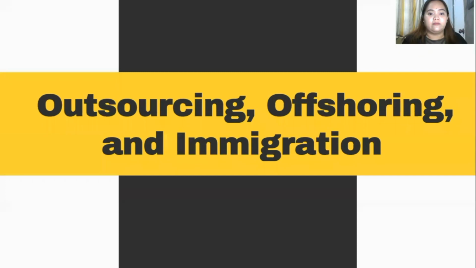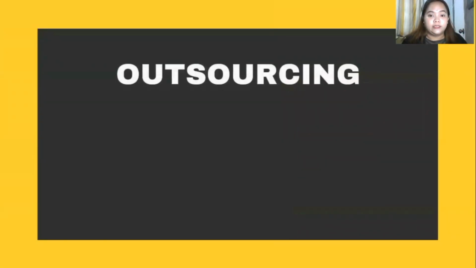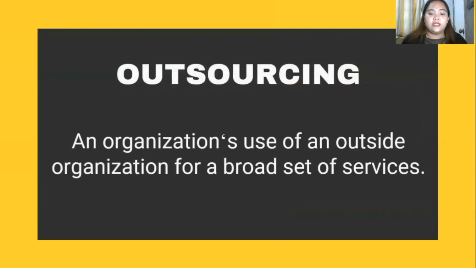So next we have outsourcing, offshoring, and immigration. Let's start first with outsourcing. Outsourcing is an organization's use of an outside organization for a broad set of services. Outsourcing is like giving your work to someone else. For example, I am a university teacher and I have a lot of loads to do.